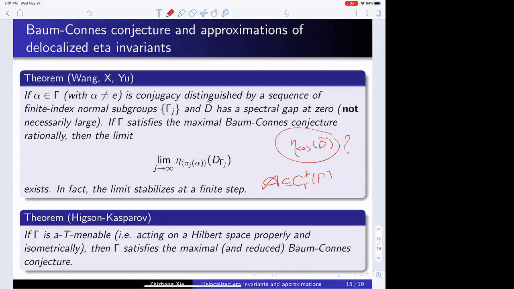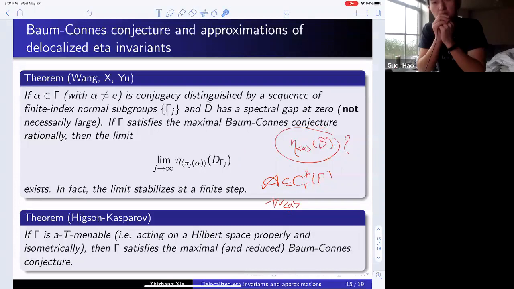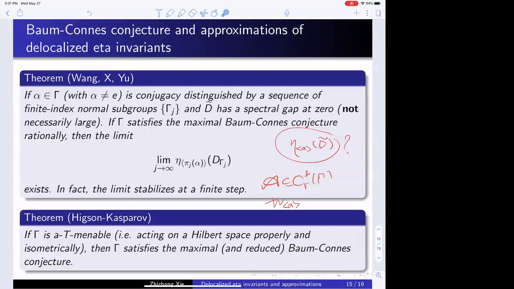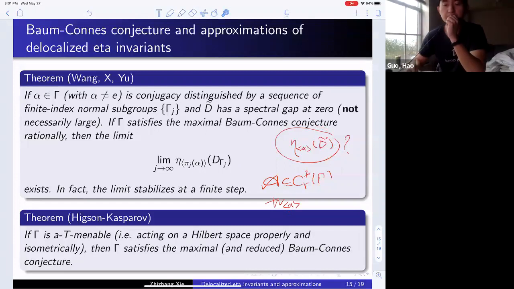And suppose, in addition, this trace extends. A priori the trace is only defined on the group algebra, on finite sums of elements, but suppose this extends to this algebra A. Then this term is always well defined, and in this context, these two are the same, if you have these extra conditions.